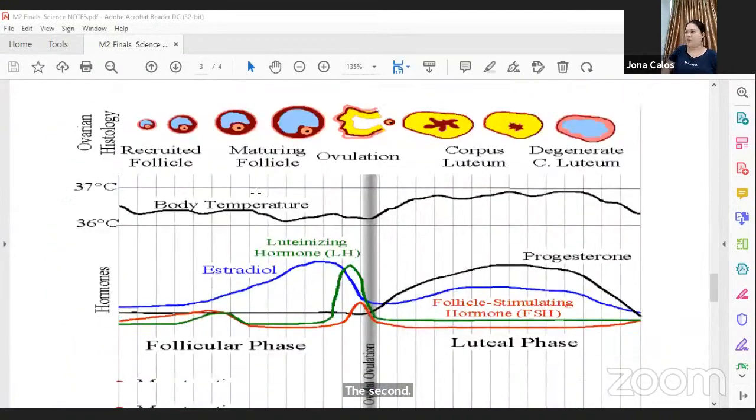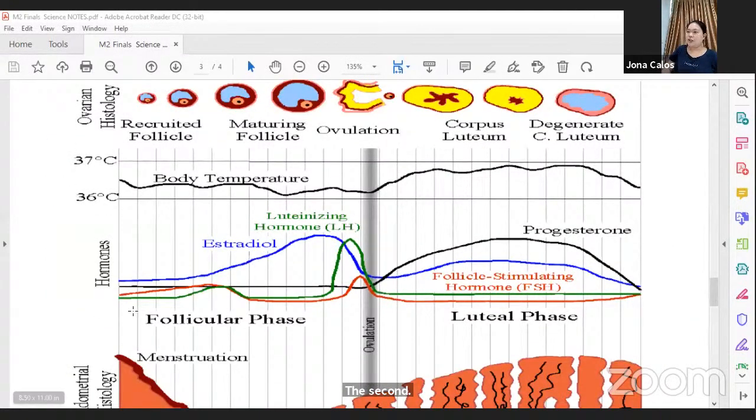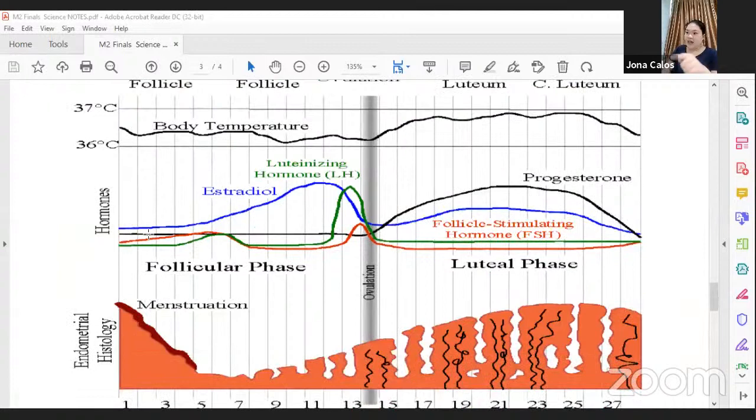So here, this is what I'm talking about. During menstruation, the estrogen and progesterone is low, very low. But during follicular phase, estrogen is high, and ovulation, estrogen and progesterone is almost equal. And during luteal phase, progesterone is high.